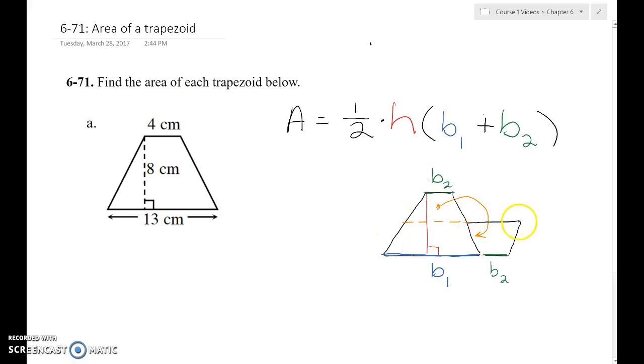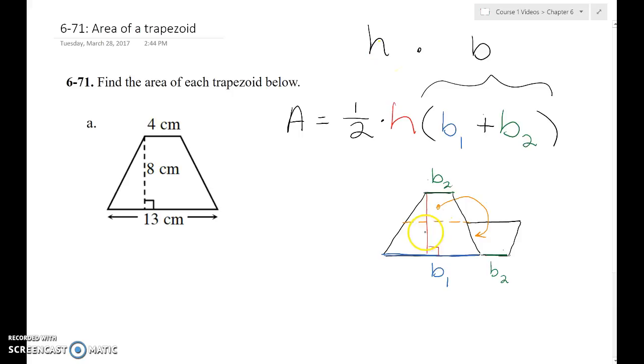We have a parallelogram here, and the formula for the parallelogram is the base times the height. So the base of our parallelogram here is the two bases of our trapezoid combined.